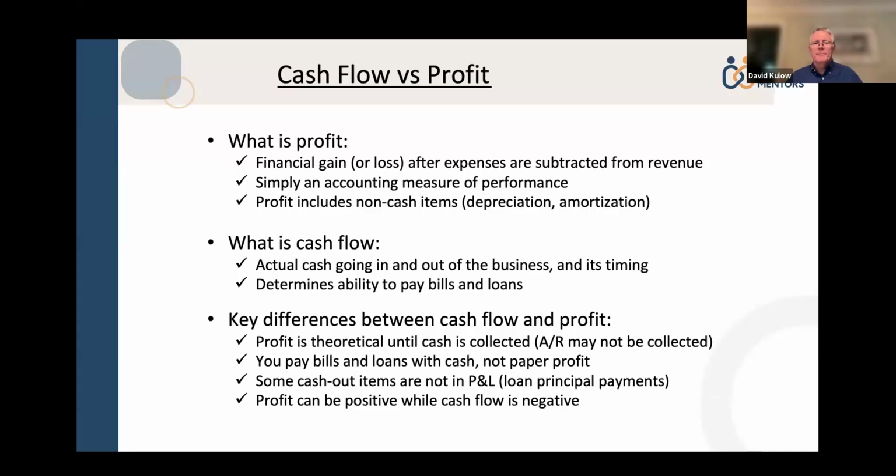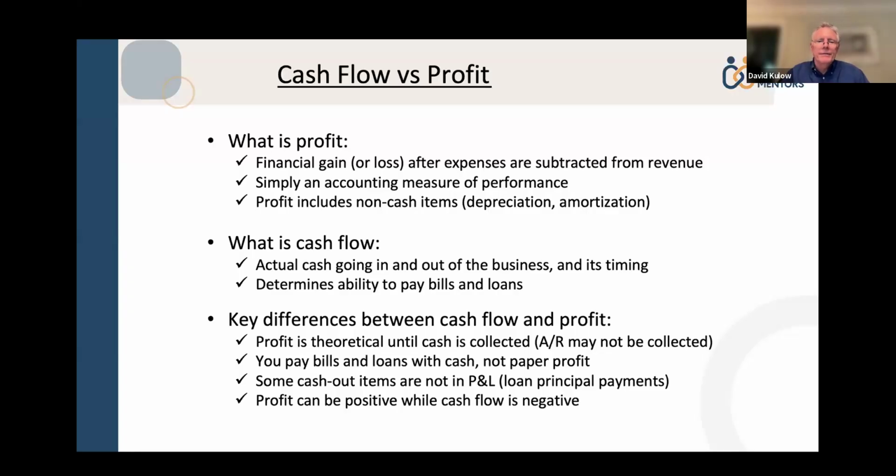On the flip side, cash flow is simply the actual cash going in and out of your business and that timing. And it really determines your ability to pay your bills and your loans. Because when you pay a loan, the principal portion of the loan, not the interest, you expense interest, but the principal portion of the loan that you pay down, that does not affect your profit and loss statement. That only affects your cash flow.